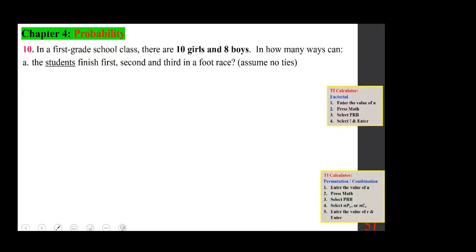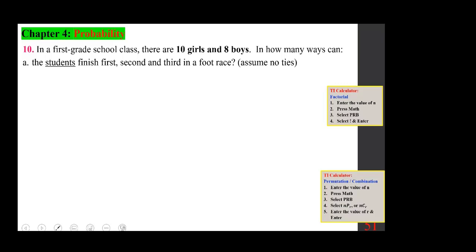In a first grade school class, there are 10 girls and 8 boys. In how many ways can the students finish first, second, and third in a foot race? Assume no ties. It's important to pay attention to whether order is important or not.